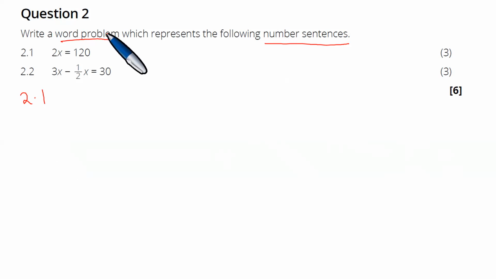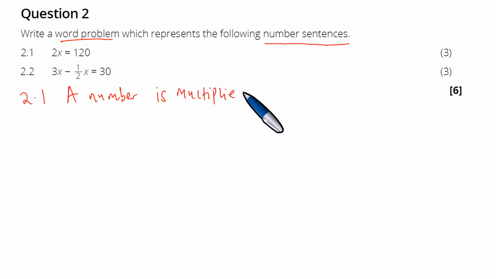So now to start that, we say a number is multiplied by 2. So the word problem can be converted to this. A number is multiplied by 2.